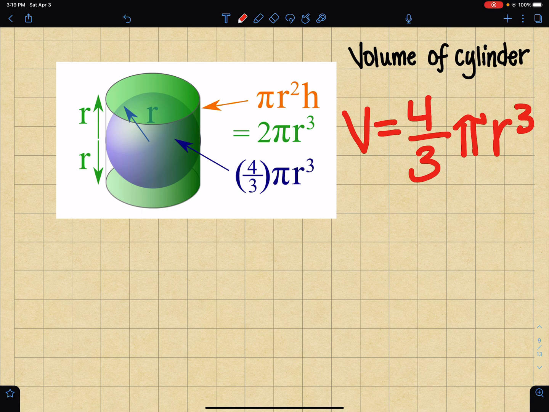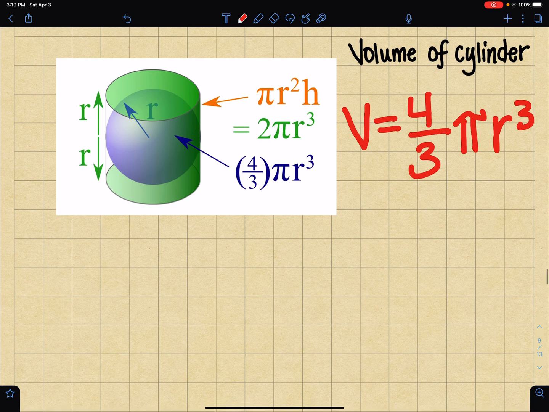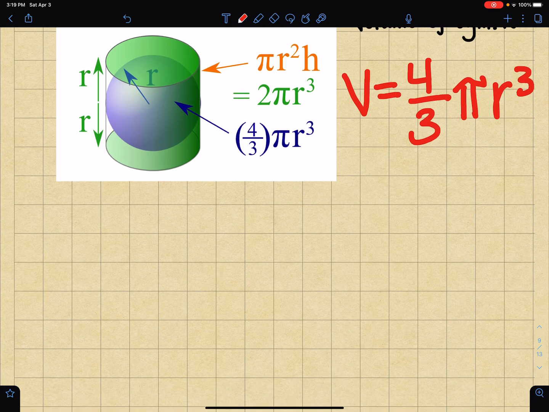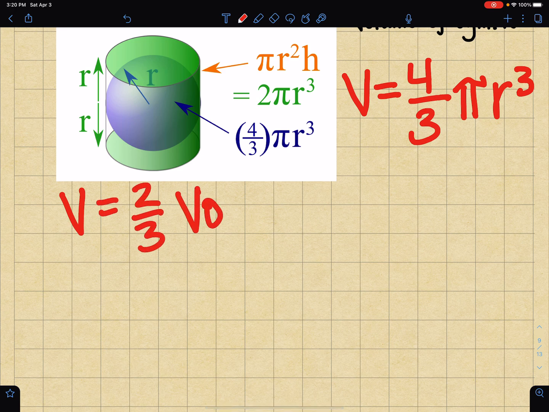If you take that ball, like let's say it's a tennis ball, and you put it in a cylinder that exactly fits the size of that tennis ball, the volume of the tennis ball is 2/3 the volume of the cylinder. So the volume of a tennis ball is 2/3 the volume of a cylinder.